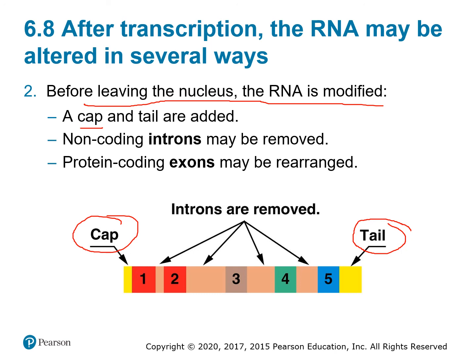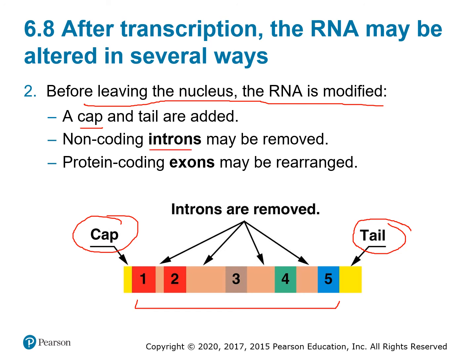something called gene splicing. Okay, and what happens is a gene, in a eukaryotic cell, is made up of two types of DNA, introns and exons.